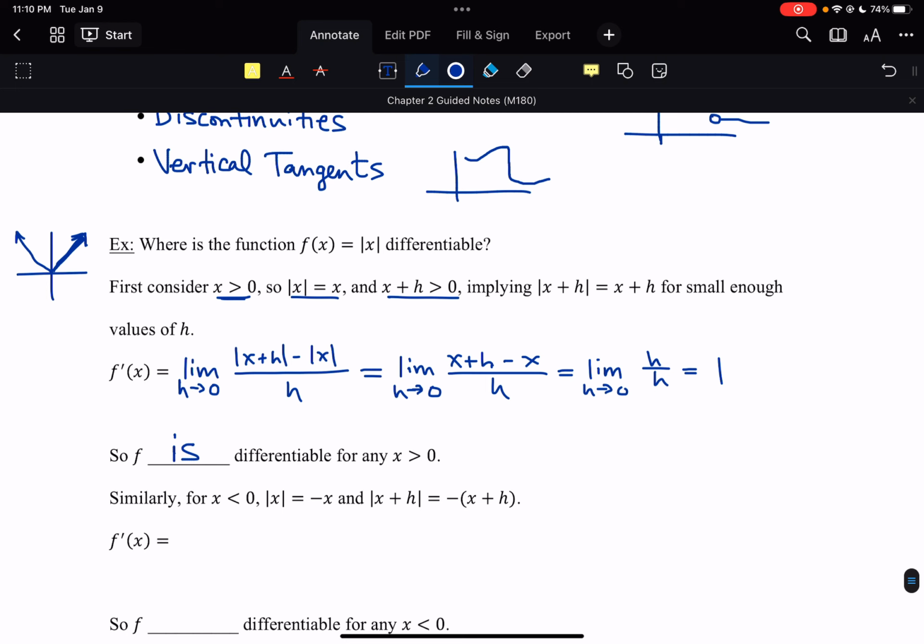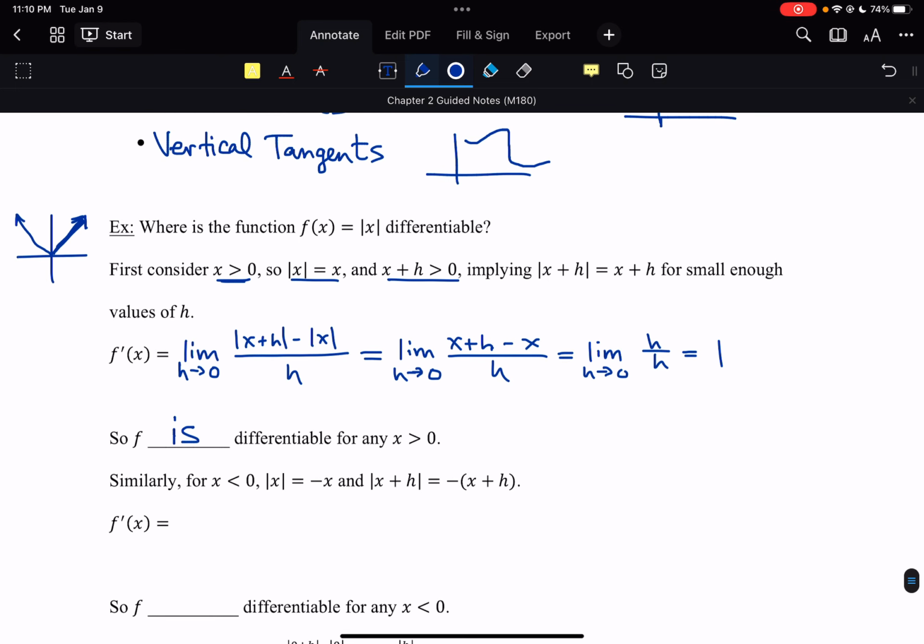Similarly, if we look at the flip side, so we're looking at the negative section of the graph over here, x is less than 0, so the absolute value of x is the opposite of x, because again, x here is negative, so the opposite of the negative becomes a positive. That's what the absolute value does. And this one becomes the opposite of x plus h.